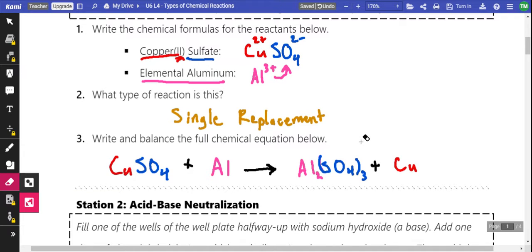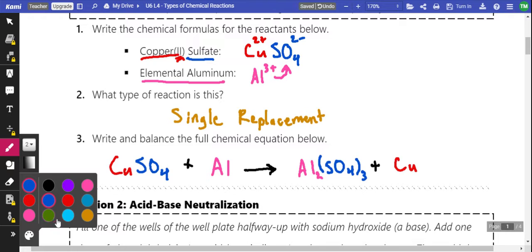So my formula isn't just AlSO4, it's Al2(SO4)3, where that whole SO4 thing is together. I'm going to rewrite that S because that was a little sloppy. That's a little better. Okay, so I've got my reactants, I've got my products, everything is in the correct formula where either charges cancel or I'm following prefixes, which I didn't have any in this case.